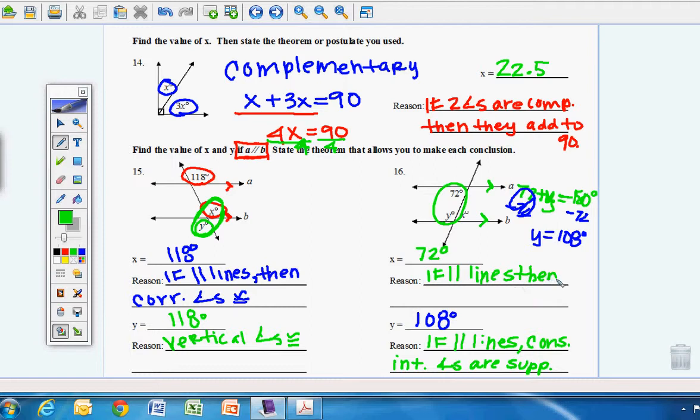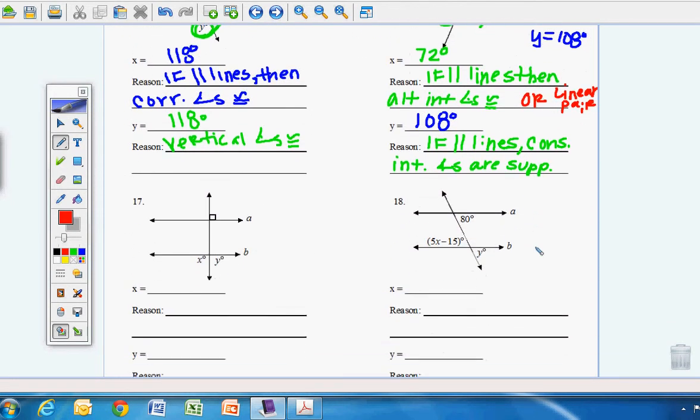Then alternate interior angles are congruent, or if you figured out 108 first, we could look at linear pair. Okay. All right, let's scroll down.